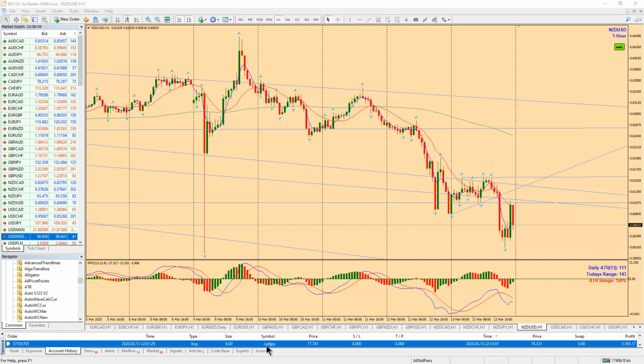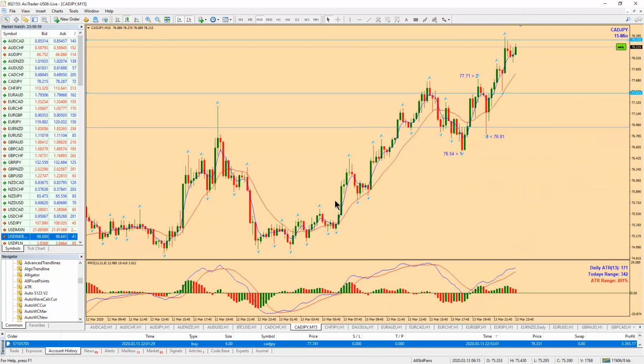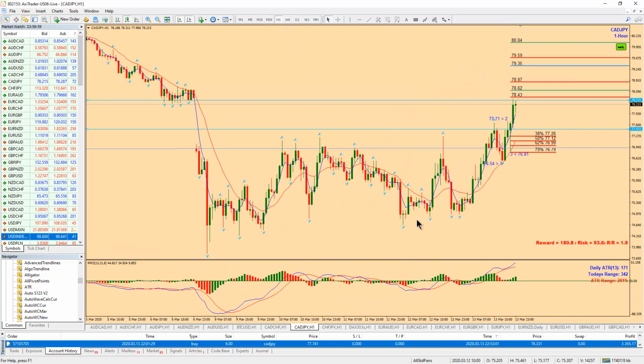The trade that I want to show you, the last trade I did before the end of the day today, was on the CAD Japanese yen. Now I was just sitting around looking at the charts, and on the 1 hour time frame, noticed the CAD Japanese yen was right in this area, and decided, okay, I see what's going on with this chart.